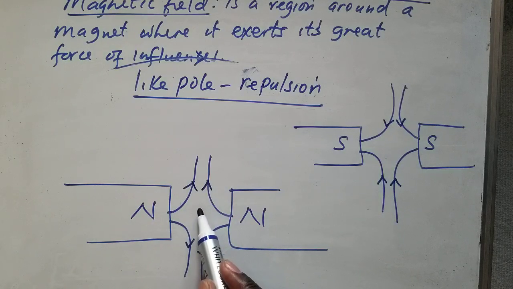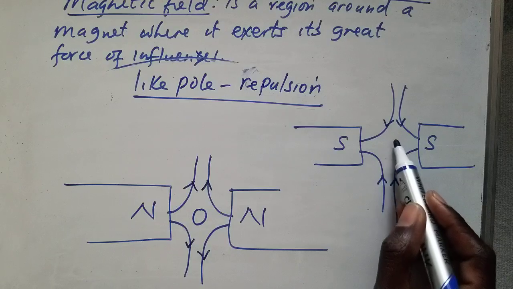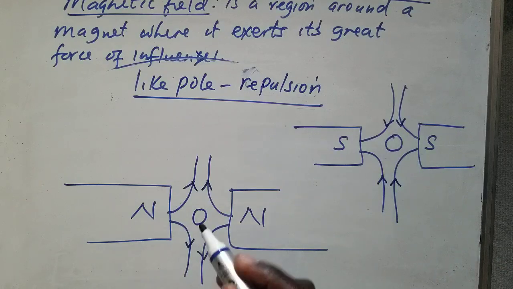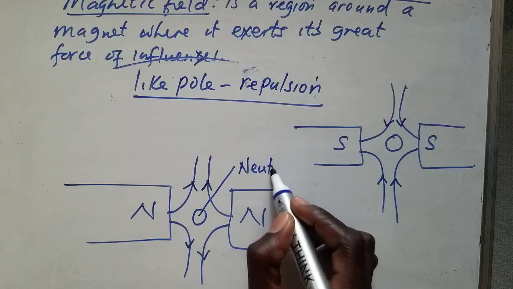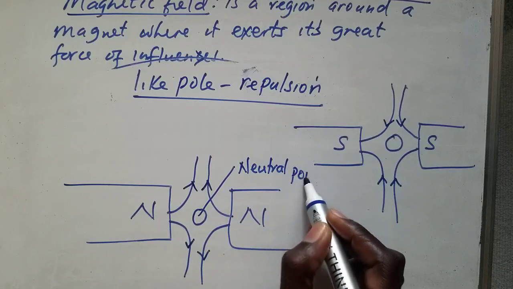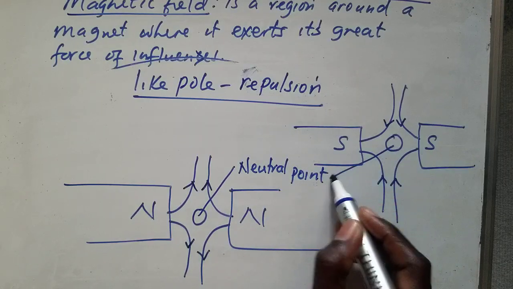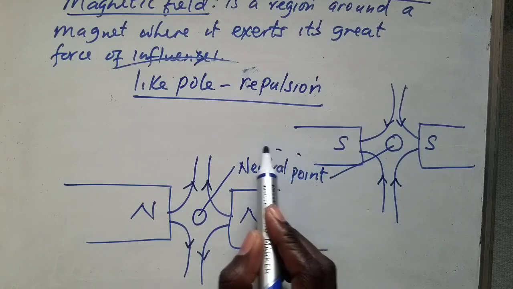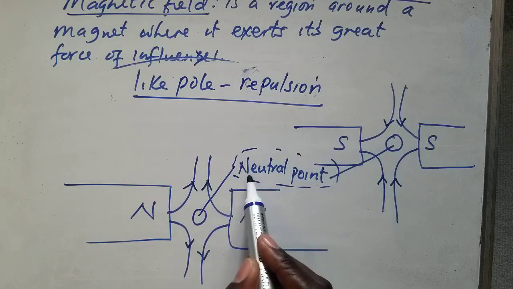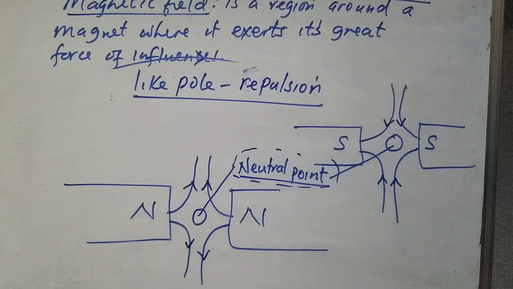Now, there's a certain region right in the middle of two like poles that we simply call a neutral point. The point between two like poles where the magnetic fields cancel themselves out is called a neutral point.